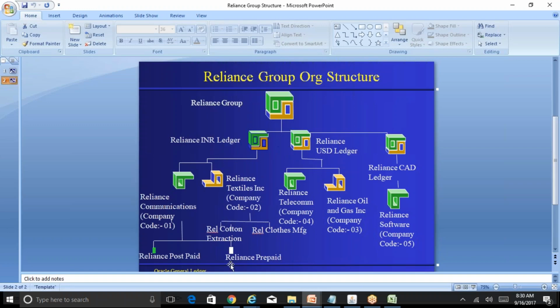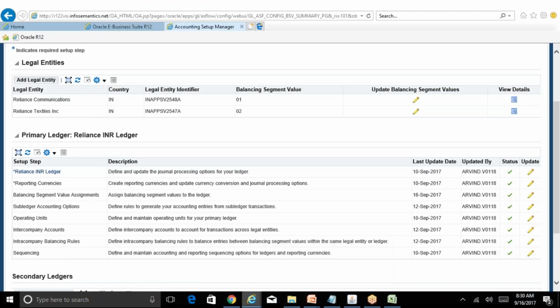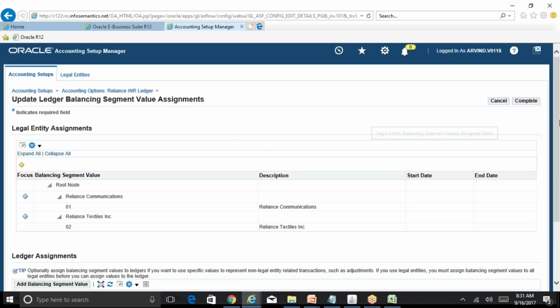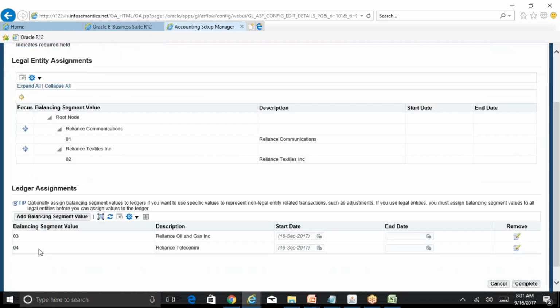The reason being within the GL, and again I'm talking from the INR ledger itself, under INR ledger, 03 and 04, if you look here, are assigned at the ledger level. They are not assigned at the legal entity level.